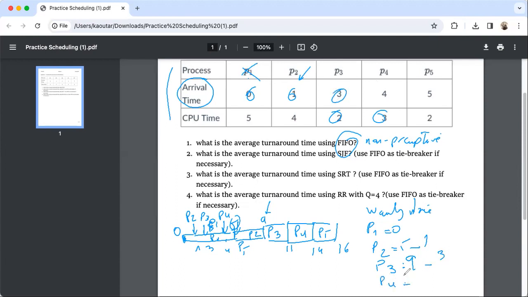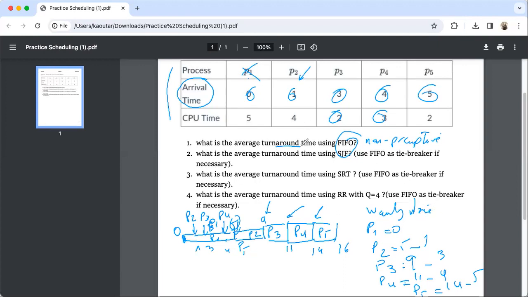And then P4 started executing at 11 minus the arrival, which is 4, right? And then lastly, P5 started executing at 14 minus the arrival time, which is 5. So once you have the individual waiting times, you can calculate their average. That will be the average waiting time.